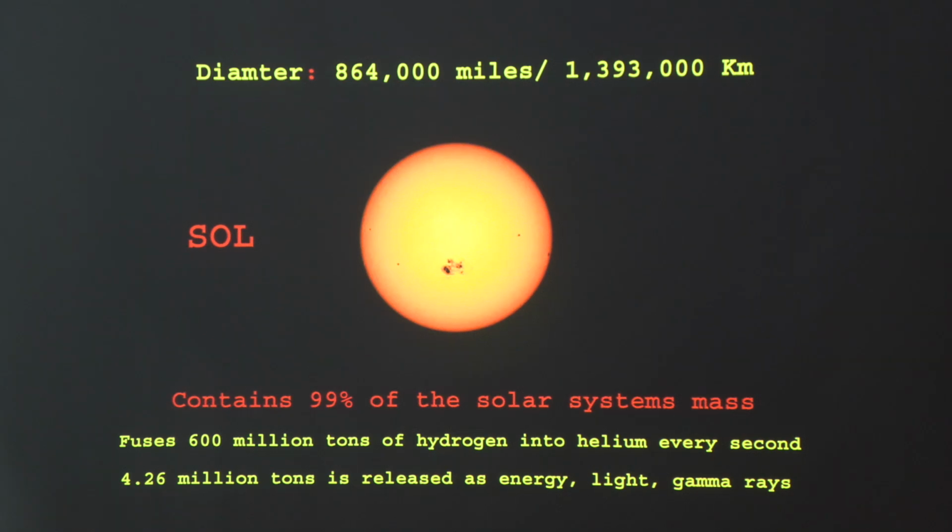In the process of doing that, it loses a gamma ray, and that's our light. Of every 600 million tons of hydrogen each second, 4.26 million tons is turned to energy. And we see that eventually as light.